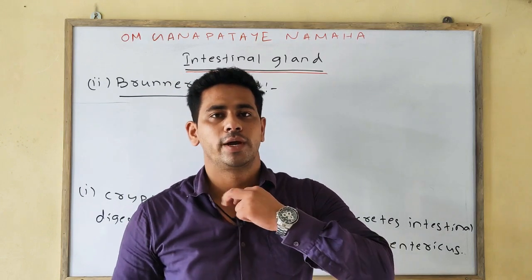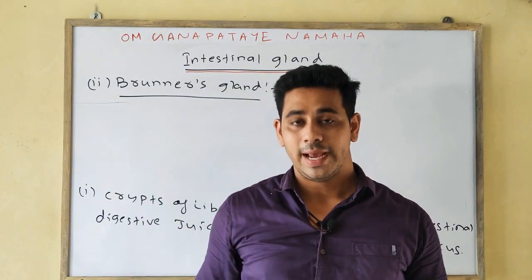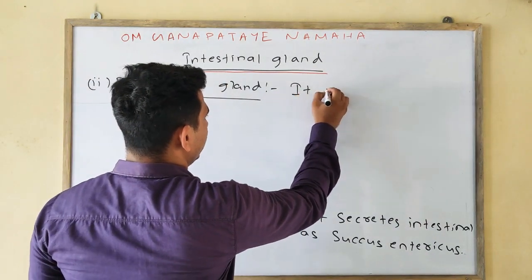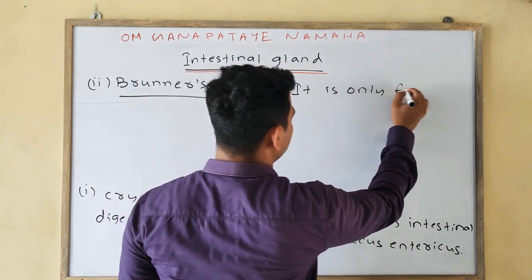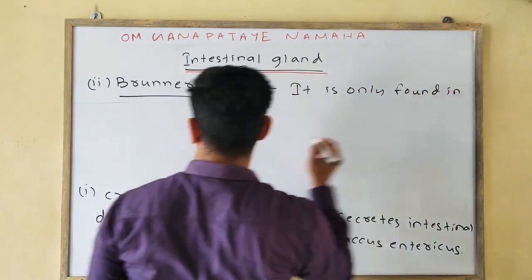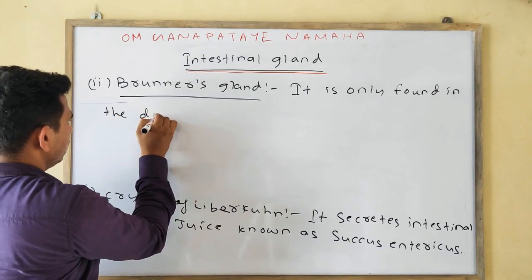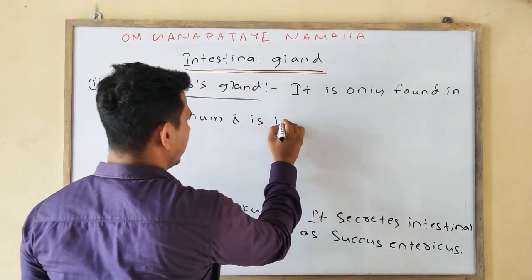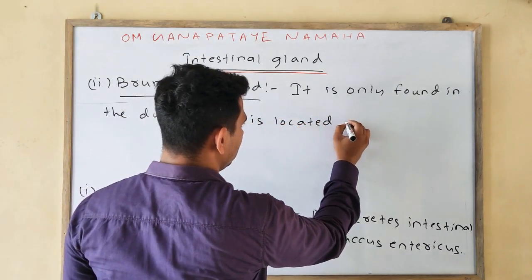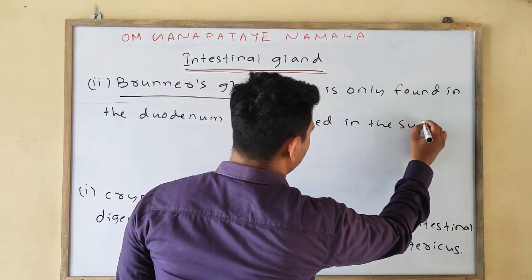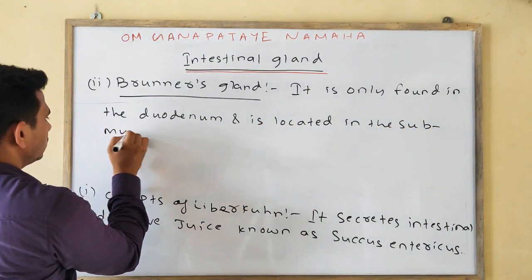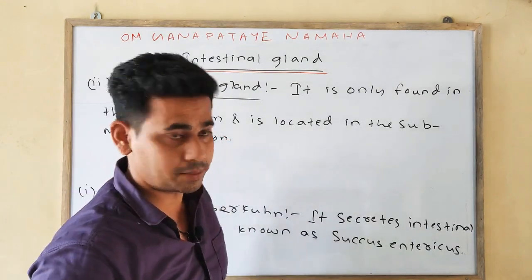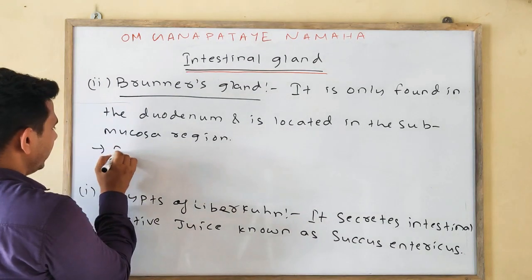Submucosa region means it is located beneath the mucous membrane, and it secretes mucus.